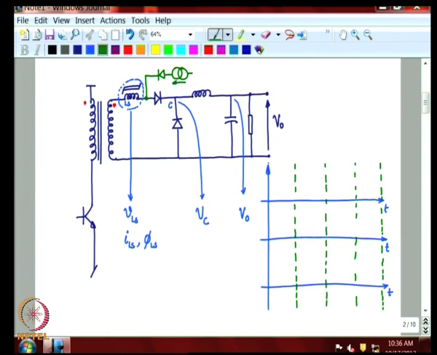Where this is dTs, 1 minus dTs, dTs, 1 minus dTs.